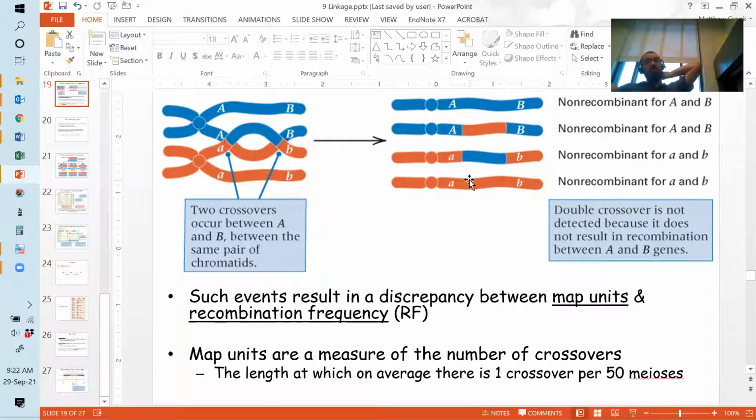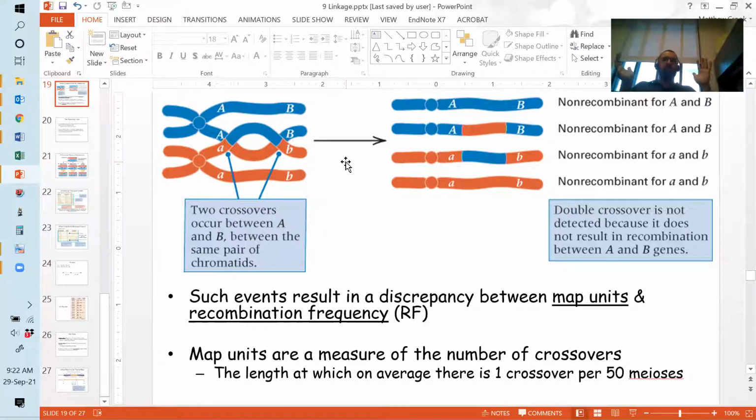And so that's a big problem because these should be used to work out genetic distance. But because you can't see them, you can't calculate them, right? You can't work out how much they contribute. And so what you end up with is an underestimation of recombination frequency and therefore distance, right?